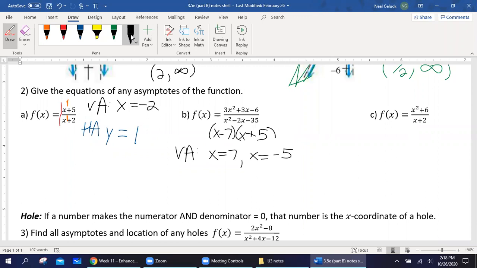Then I ask myself, okay, does this have a horizontal or oblique? I look at the highest powers, which are equal again. So just like on the last one, I'm going to take the leading coefficients. In this case, it's going to be 3/1. So my horizontal asymptote is y equals 3/1, which is 3.